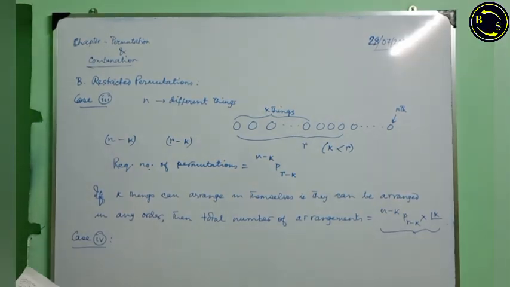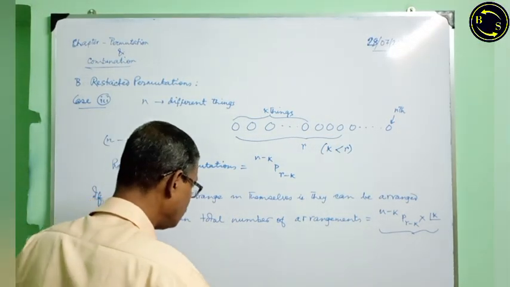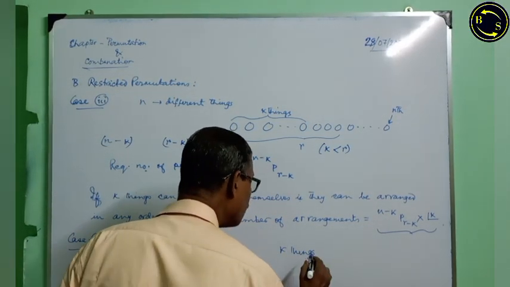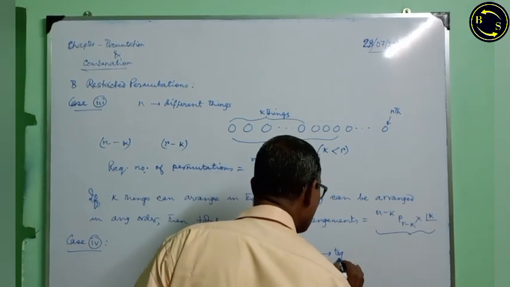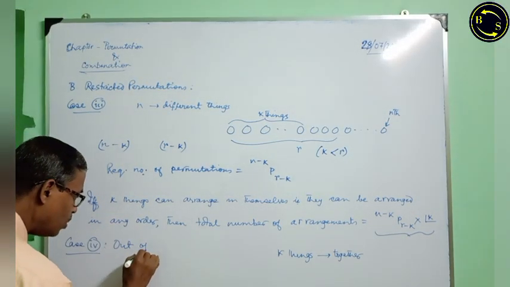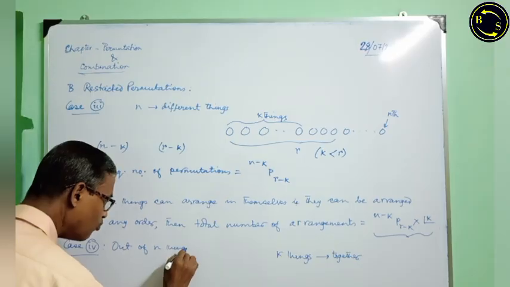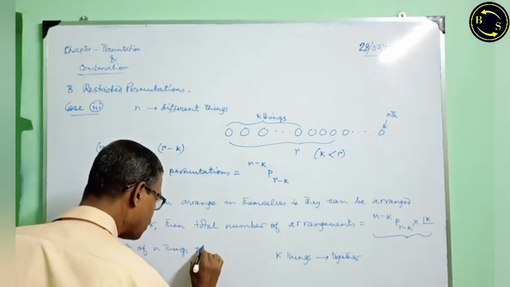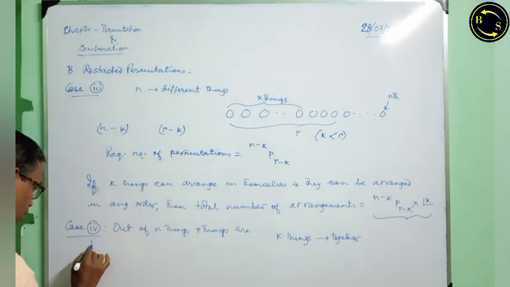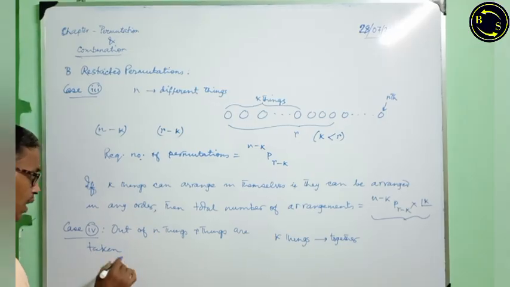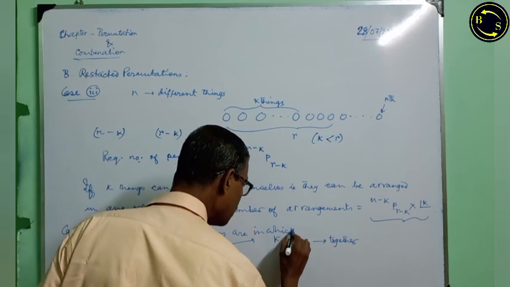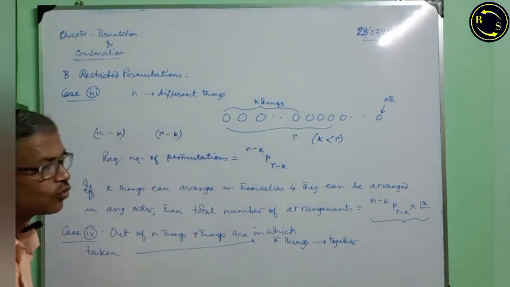That means out of n things, r things are taken in which k things are together.